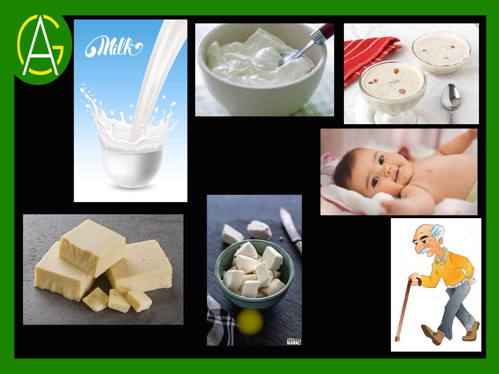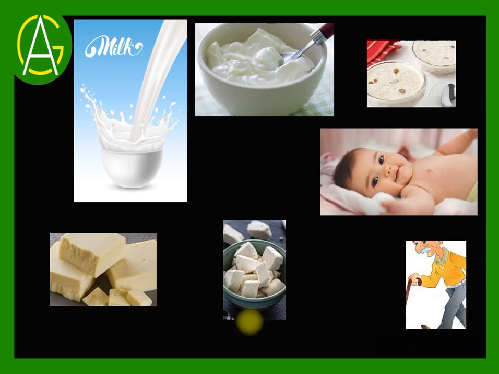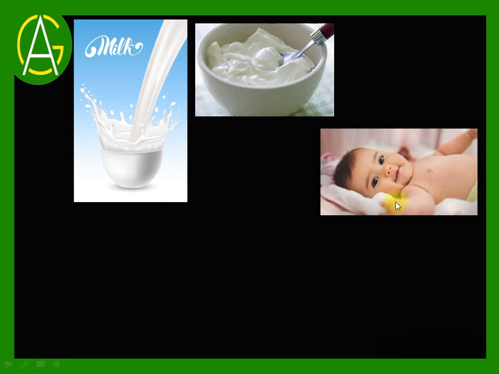But now suppose the price of milk is increased. When the price of milk is increased, we will start cutting down the uses. We'll use milk only for the bare minimum requirement, and other requirements will be removed. For example, when the price of milk is increased from 50 rupees per liter to 100 rupees per liter, we'll stop purchasing milk for the other purposes, and we use milk only for feeding the baby and for making the curd.